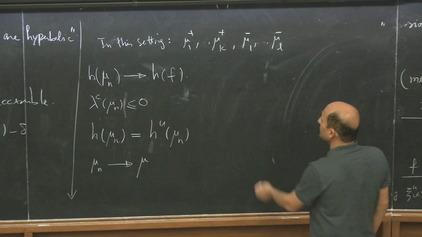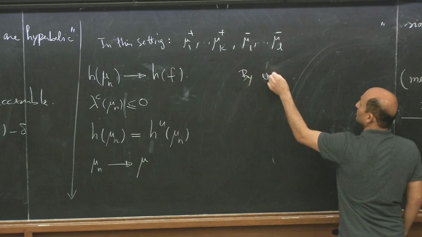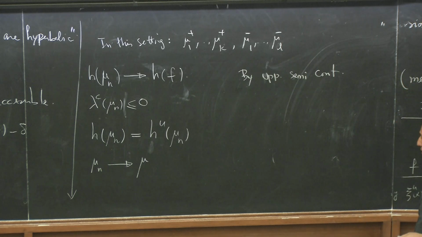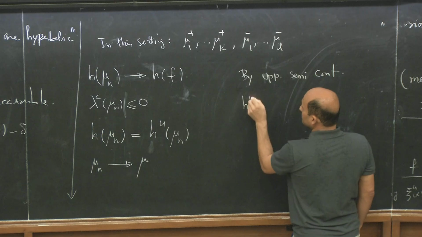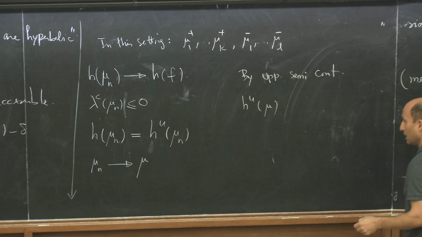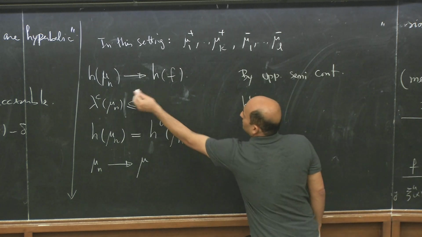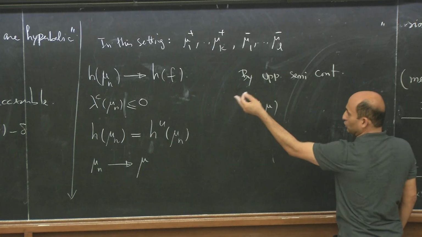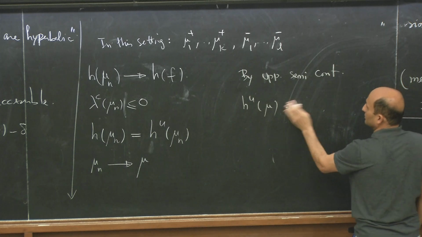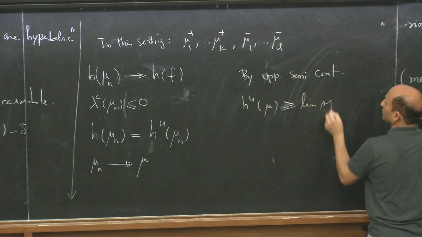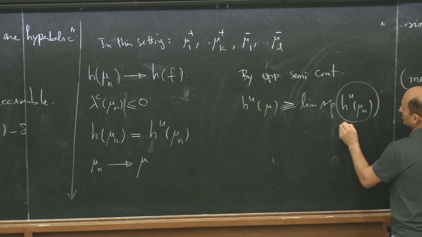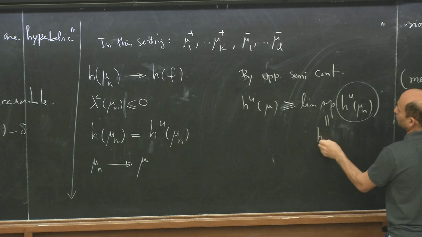What we know, by upper semi-continuity of the unstable entropy, is that the U entropy of mu is at least the limsup of the U entropy of mu_n, which is equal to the entropy of f.